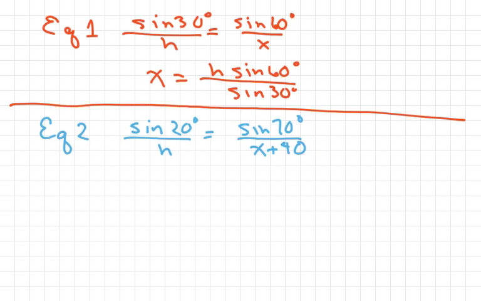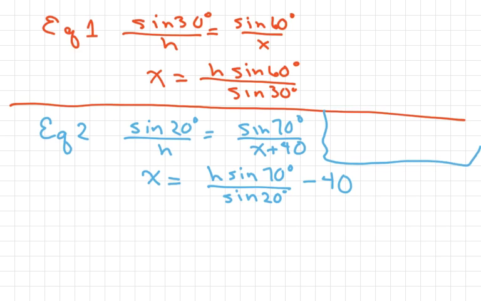Because I'm trying to solve for h, I'm going to get x equals h sine of 70 over sine of 20, and then at the end, I'm going to subtract the 40. So if you want to do this by steps, you can, and this is what you should get. So we have our two x's.